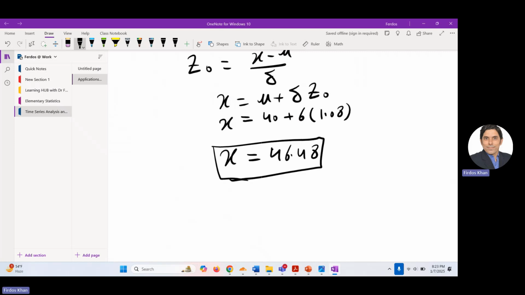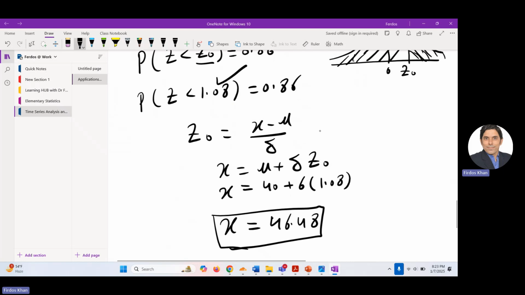Remember that we were asked to find the value of x. If you are not asked, you need to find the value of z only, and you will stop there.